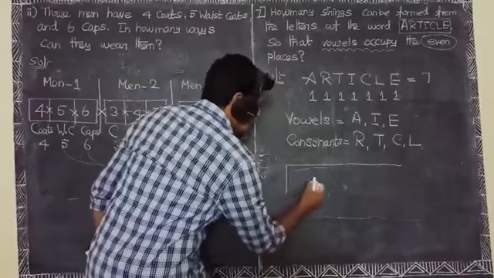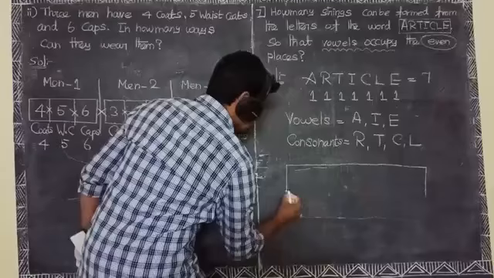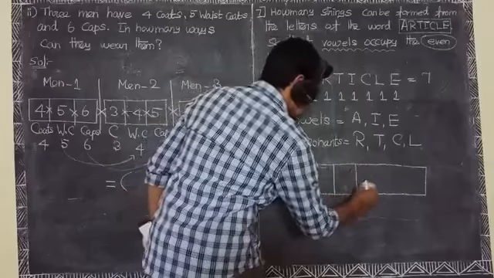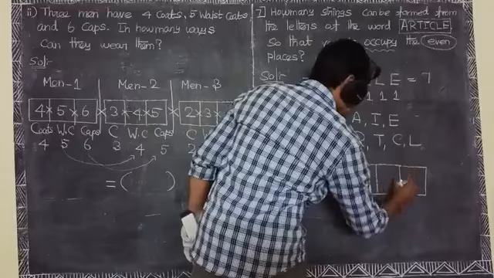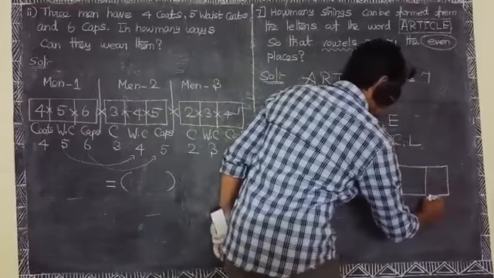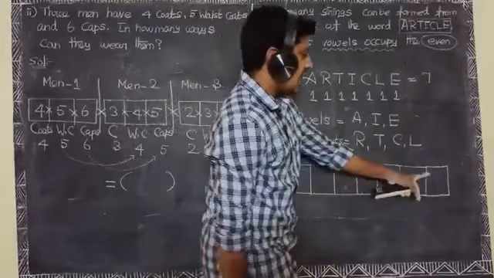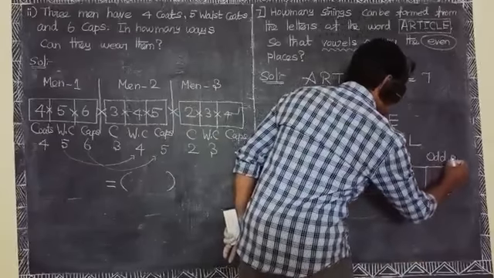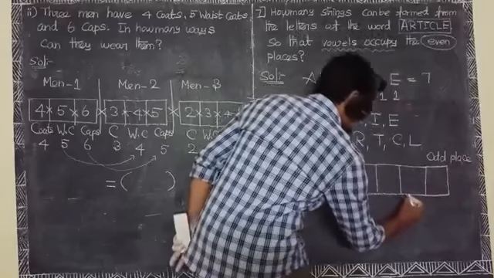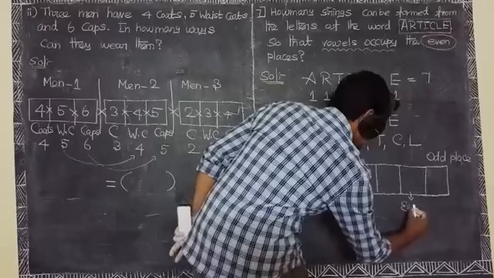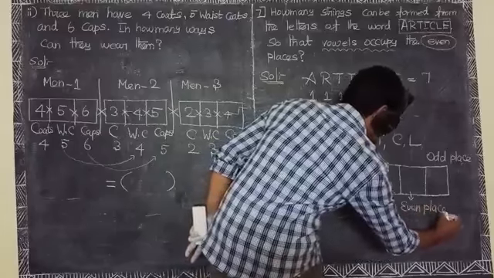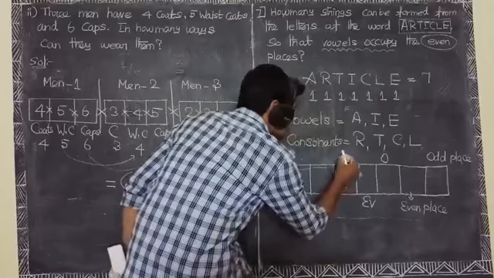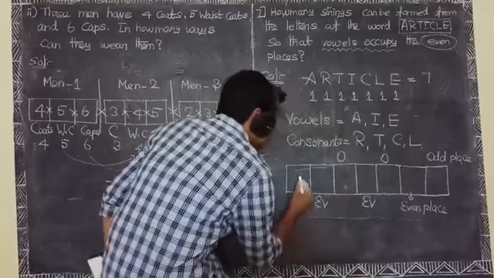Here using 7 boxes, numbered 1 to 7. This is an odd place, this is an even place, this is an odd place, this is an even place, this is an odd place, this is an even place, this is an odd place.